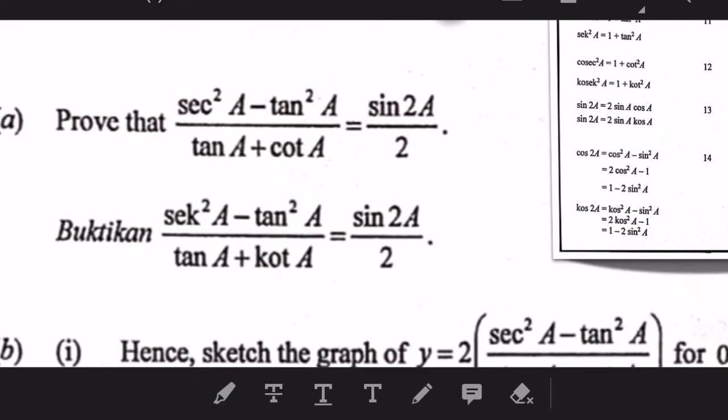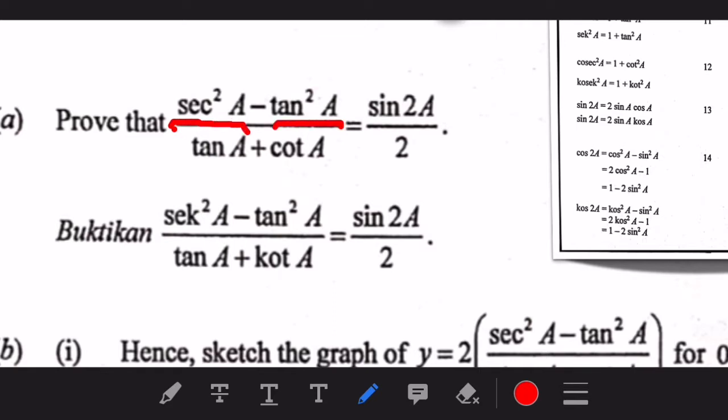Let's see. You are asked to prove: sec square A minus tangent square A over tangent A plus cotangent A is equal to sine 2A over 2. Let's say you are not sure how to do it.